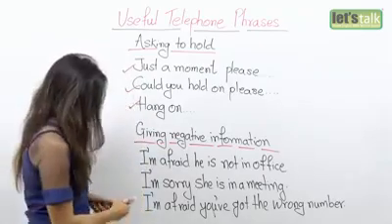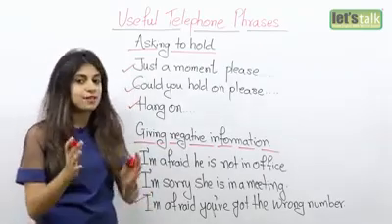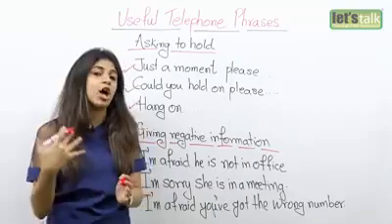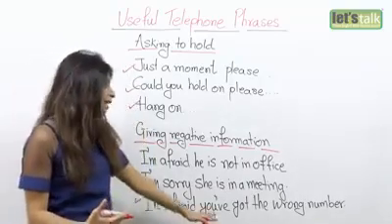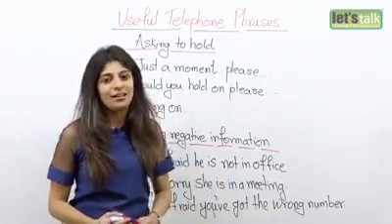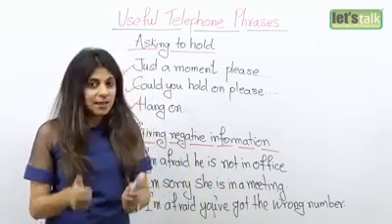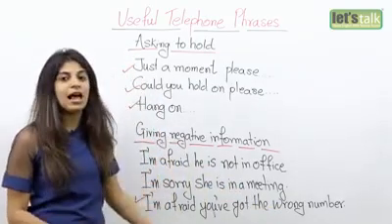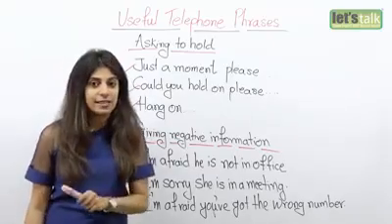Okay? So this is a good phrase to use for someone who has ended up dialing a wrong number. I'm afraid you have got the wrong number. Okay? Please remember, be nice, be polite when you end up using these phrases.